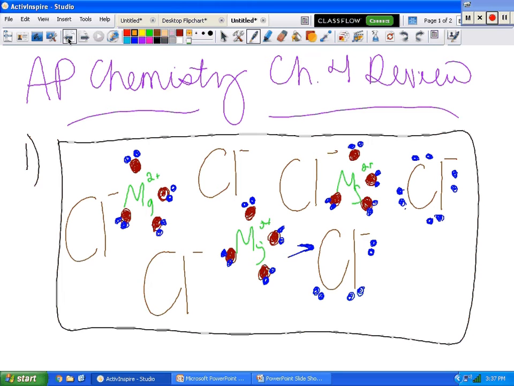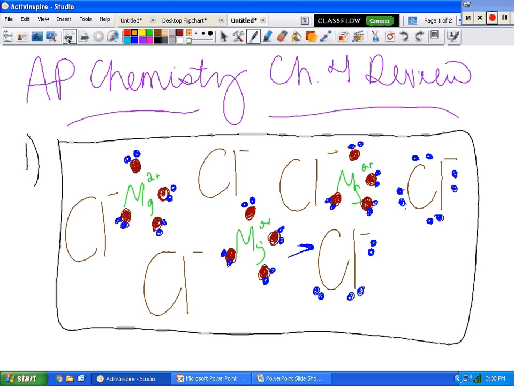But the second part that you need to know is the orientation of the water molecule. What's important about the orientation of the water molecule around these ions? Which part of the water faces the cation? The oxygen must face it. So that's why you notice she's got the red oxygens facing all the magnesium ions.